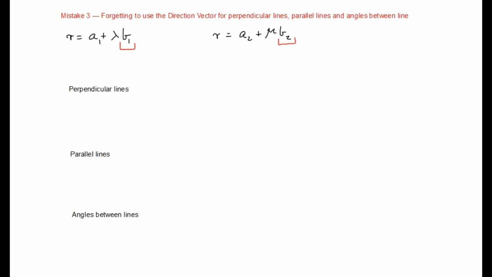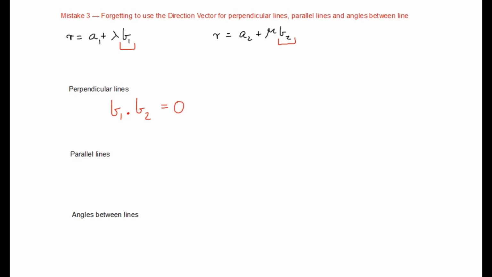So the dot product that I would do is b1 dot b2 for these two lines that I have written up here is equal to 0. Okay, I don't have to do the entire thing, a1 plus alpha b1 dot a2 plus mu b2. You just have to do b1 dot b2 equal to 0 and solve the question.